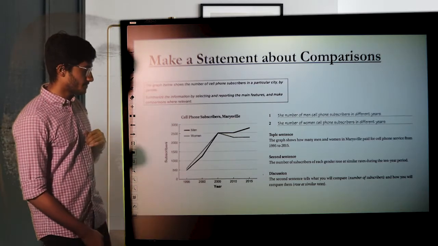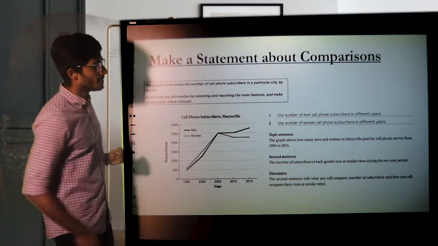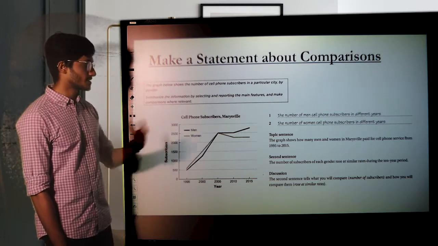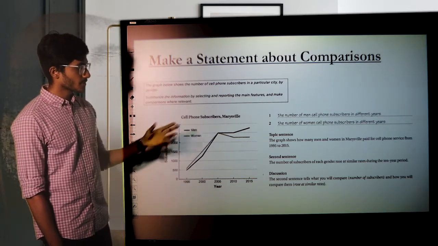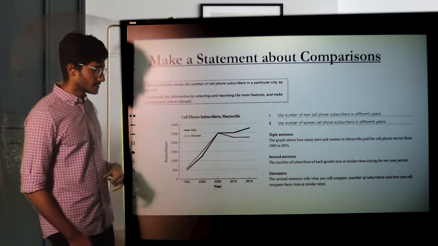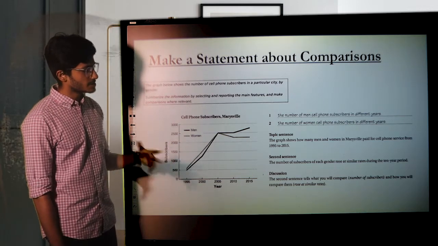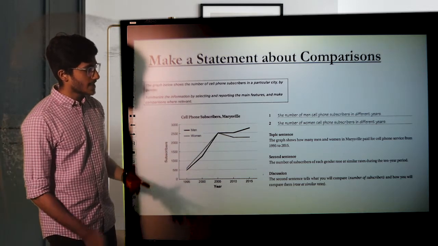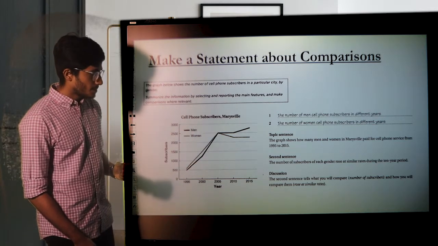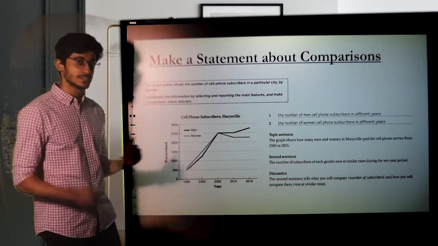In the next example, similarly, we have the number of men cell phone subscribers and the number of women cell phone subscribers in different years. Here we have the topic sentence just like the previous one, and the second sentence that we can have is: the number of subscribers of each gender rose at similar rates during the 10-year period. So from 1995 to 2015, you have a period of 10 years.